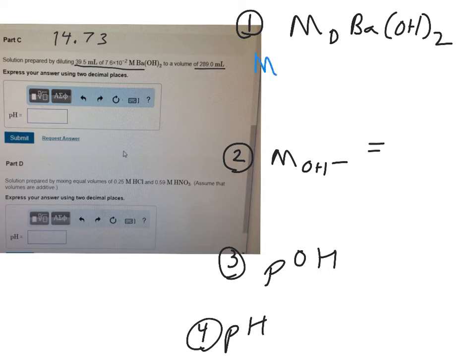Remember, MdVd, the molarity of the dilute times the volume of the dilute, equals the molarity of the concentrated times the volume of the concentrated used to make it.